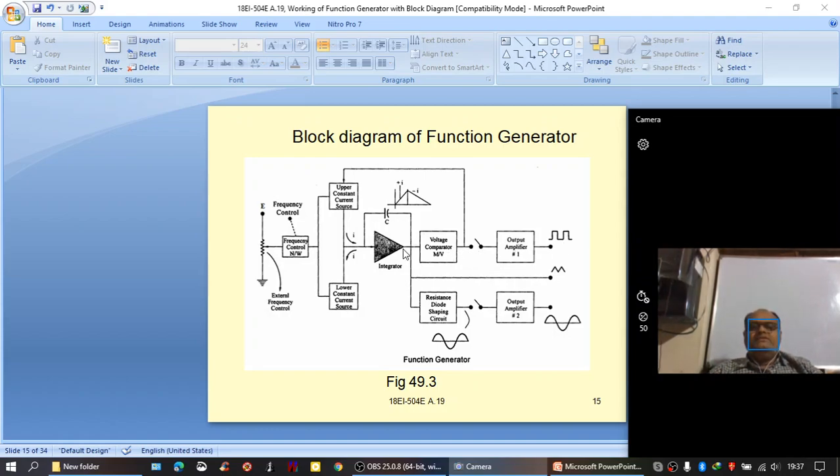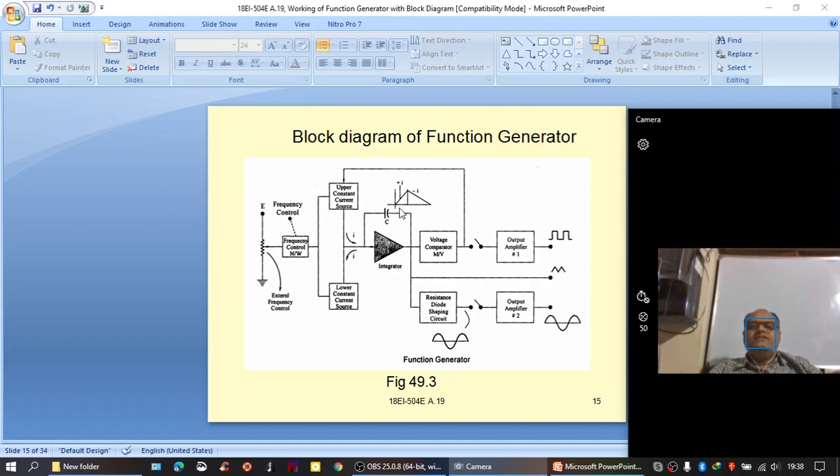When the capacitor is charging, the output voltage here will be positive. When the output voltage is positive here, the upper constant current source will keep on providing positive current. The capacitor starts charging in the positive direction.